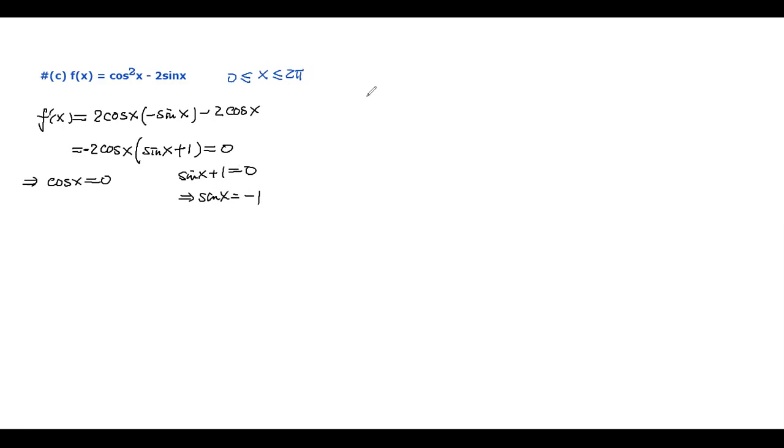So now you need to go back to your unit circle here. Or you can do it like this. Cosine is like this, right? So where does cosine get zeros here? Okay, so it's pi over 2, and this is 3 pi over 2, right? So I know when cosine x equals 0, I can have x equal to pi over 2 and 3 pi over 2.